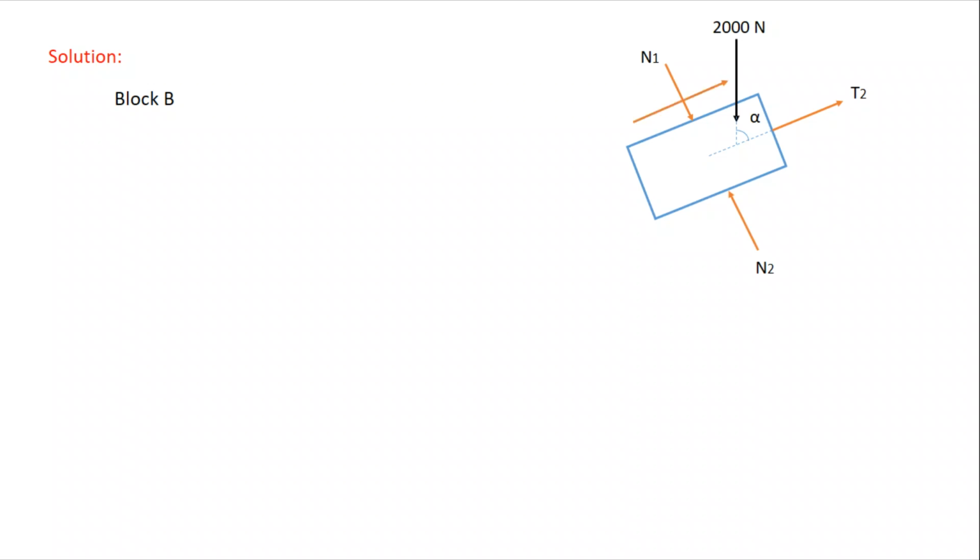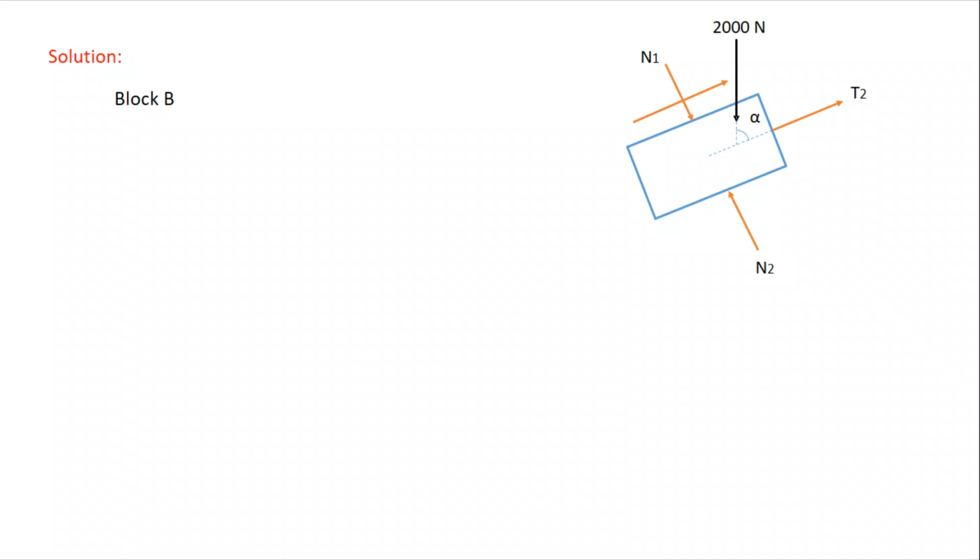So now we move to block B. What is block B? It has a 2000 Newton weight, and T2 is the tension, at angle alpha. From the block W there will be N1, normal, and from the floor there will be N2, normal.